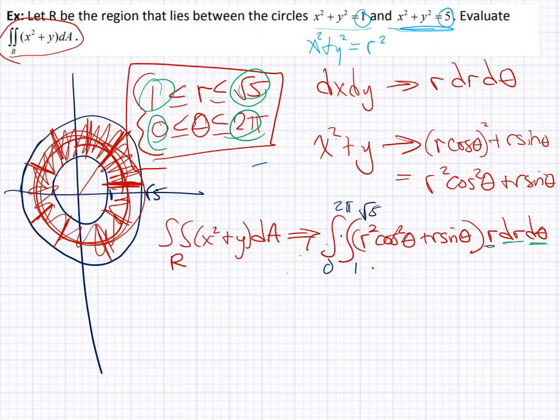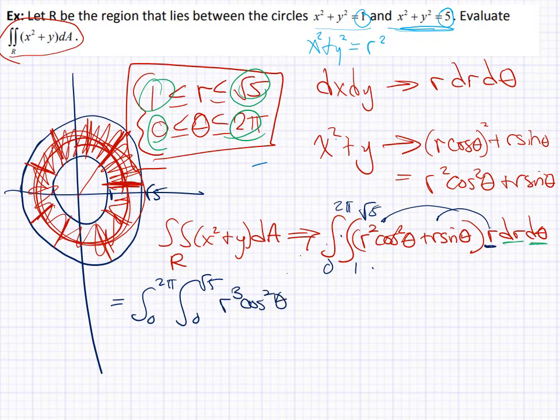Well, don't forget you have this extra r out here, so that would have to be distributed in first. Okay. So we have 0 to 2 pi, 1 to square root of 5, r cubed cosine squared theta plus r squared sine theta dr d theta. Integrate with respect to r.